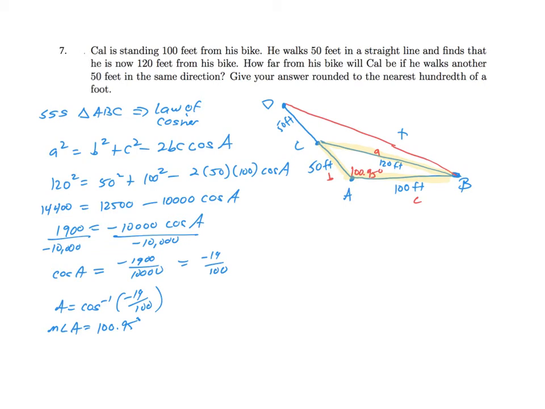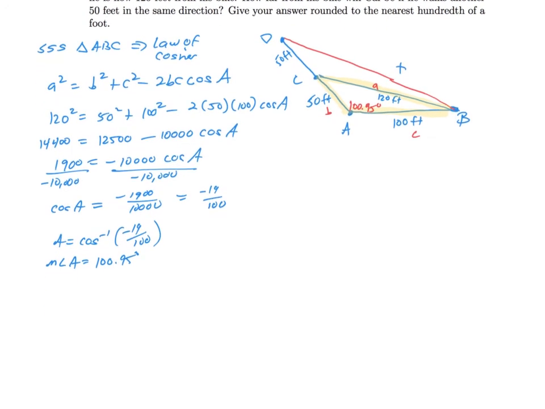So to keep things a little clearer here, I'm actually going to make a new diagram. And the new diagram is going to be looking at the outer triangle. So that's going to be triangle ABD. So I'm going to redraw that here, and make it a little less confusing as to all the information that we have. So I'm going to label the vertices A, D, B. We just found that the measure of angle A is 100.95 degrees.